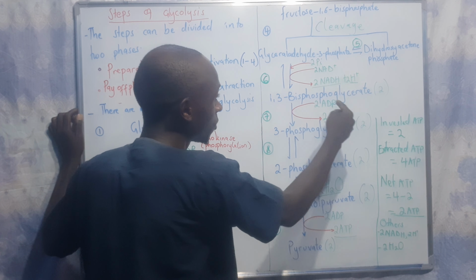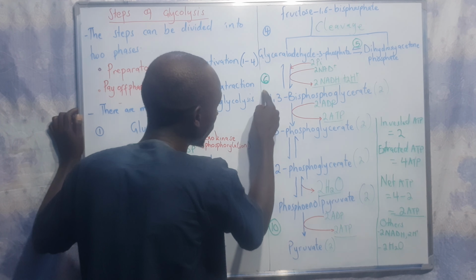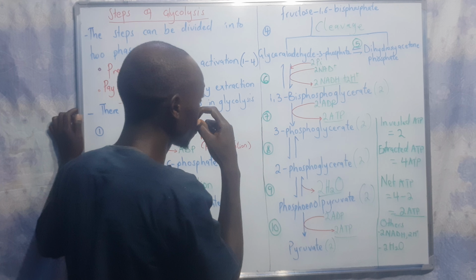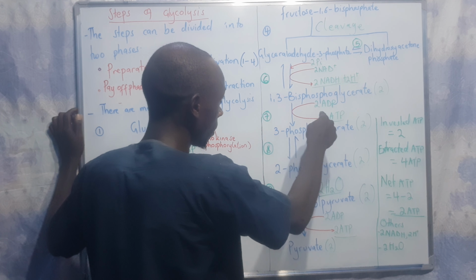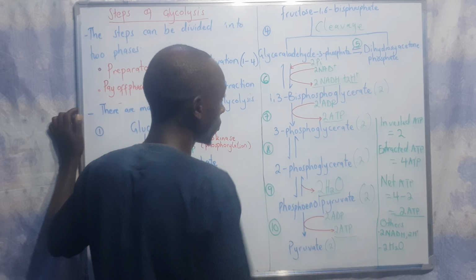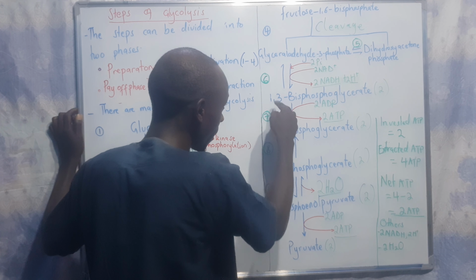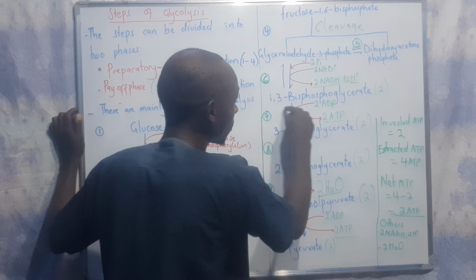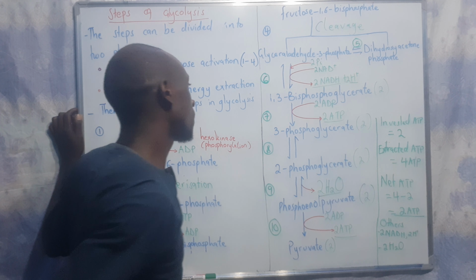Because we're having 2 molecules of 1,3-bisphosphoglycerate. So the phosphate group from carbon atom number 1 is going to be added to 1 ADP, and another phosphate group is also going to come from the other molecule. It gets combined to another ADP to form 2 ATP molecules.